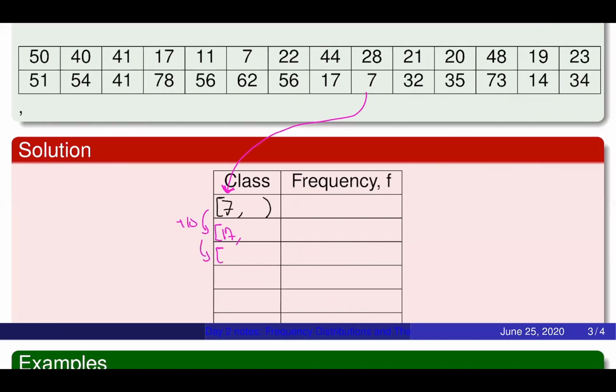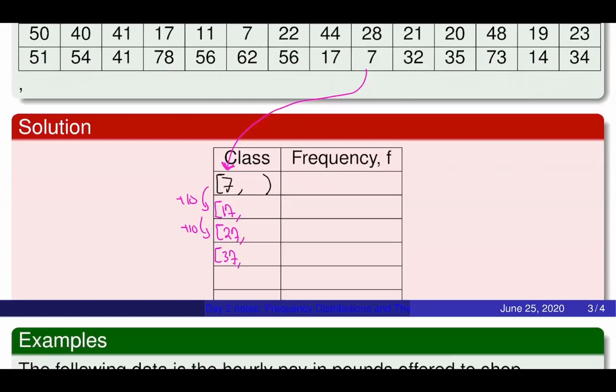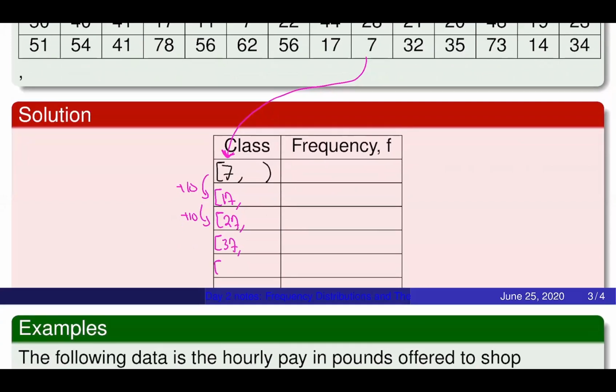If I do plus 10 again, we get 27. If I do this again, we get 37. If I do this again, you get 47. All right. Any question on how I got the lower class limit?